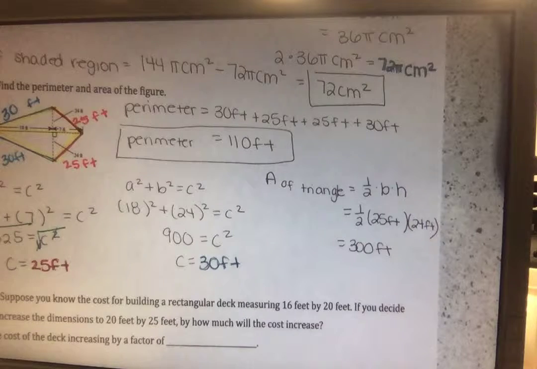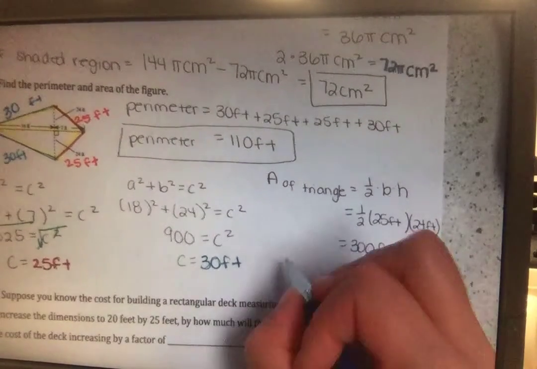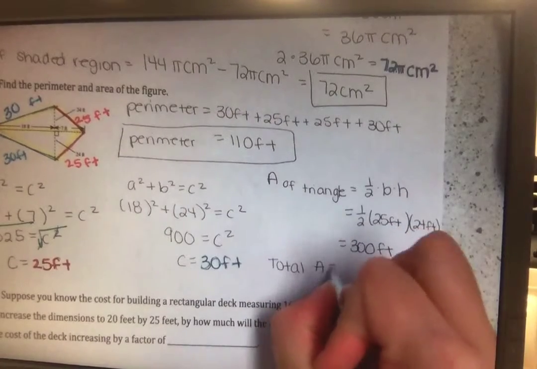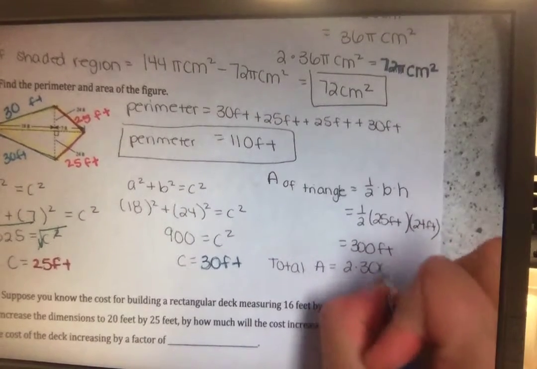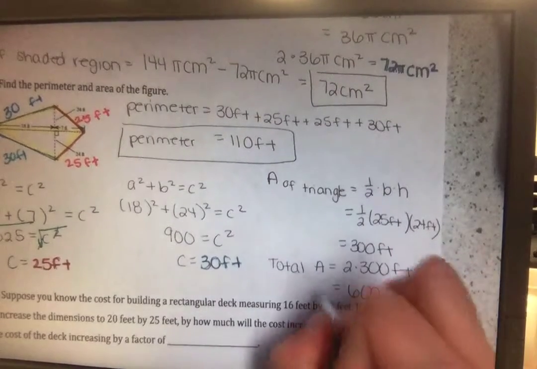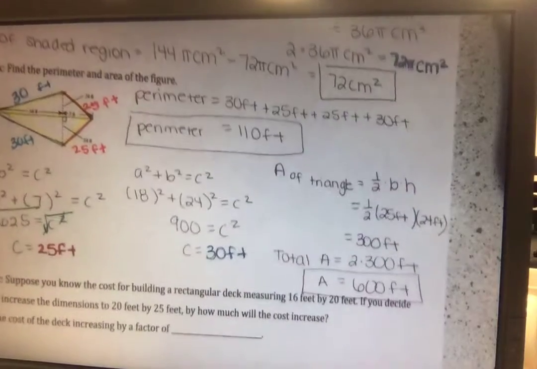There's two triangles. So we have 300 feet plus 300 feet. So our total area is going to be 2 times 300 feet because there's two triangles, which is 600 feet. Final answer.